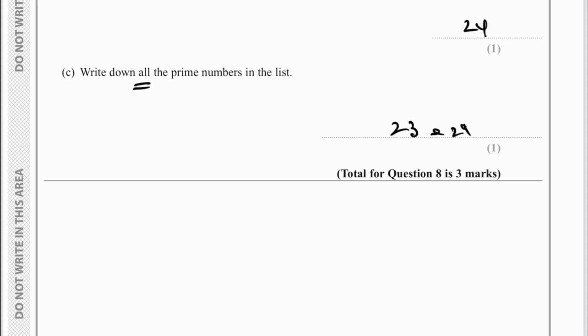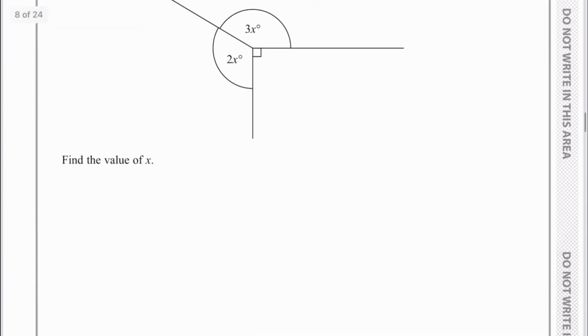Okay, let's move on then to question number 9. This one's not too bad really. What you need to know is that the degrees around a point are equal to 360 degrees. If I have a big circle there, that circle is 360 degrees. I know this is going to be 90 degrees, and I also know the others are 3x and 2x.